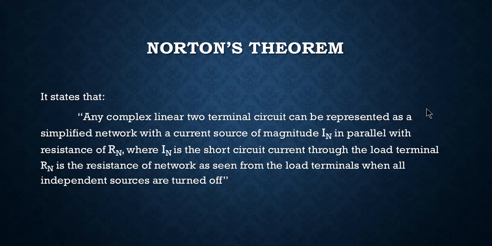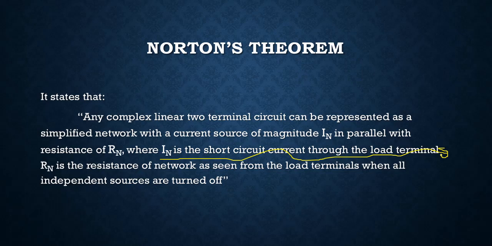And here In is the short circuit current through the load terminals, and Rn is the resistance of the network as seen from the load terminals when all the independent sources are turned off. So basically Norton resistance and Thevenin resistance are both the same.